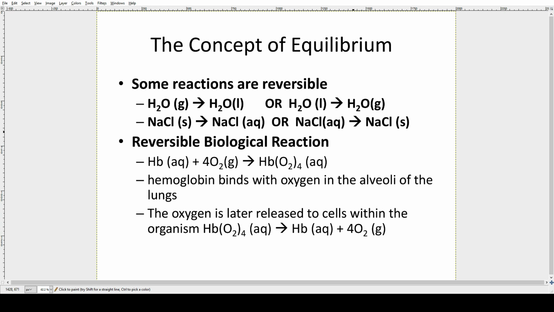So these are reversible. We also have some examples of biological reactions that are reversible. So here's hemoglobin binding with oxygen in the alveoli of the lungs, and later on the oxygen is then released back into the cells within the organism. So it goes back and forth, reversible.